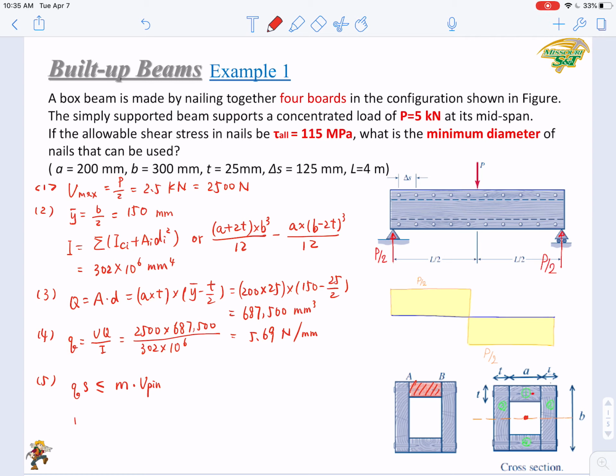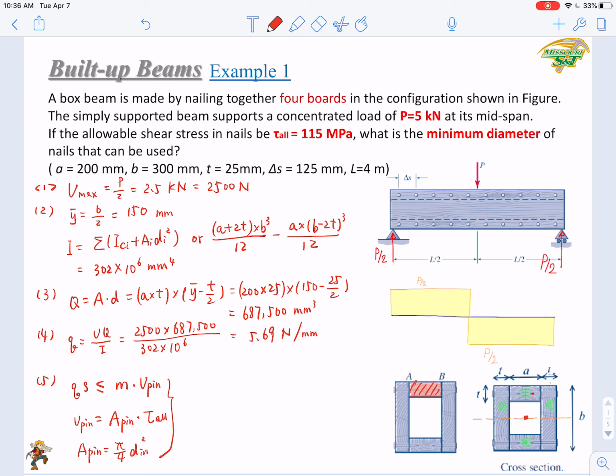And we know the V pin can be calculated from A pin times allowable shear stress, and the A pin equals pi over 4 D pin square. Right? So we have the three equations. We can get an overall equation to design it.